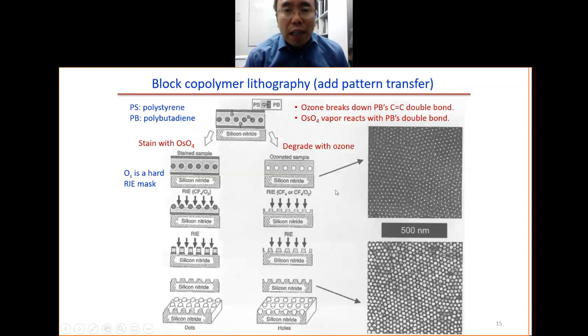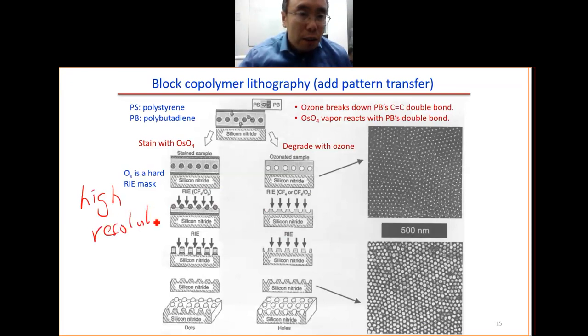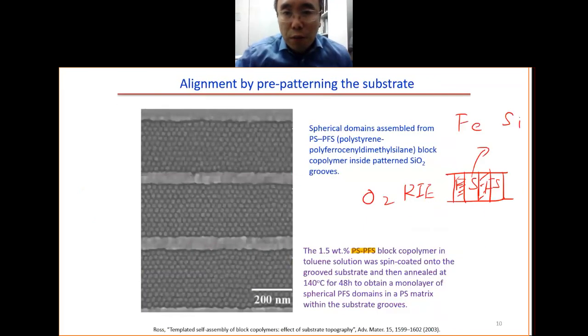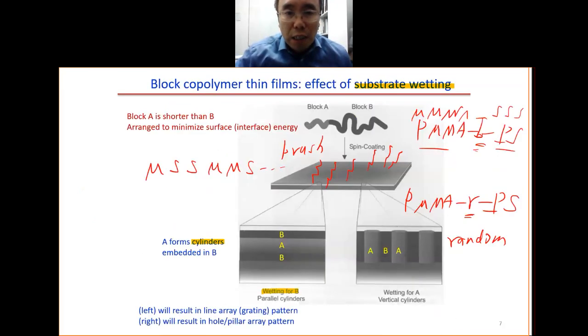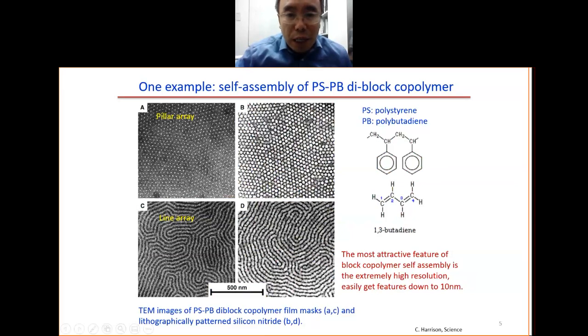So how to get higher resolution? How to increase the resolution? So we come back to this slide again. Here we have the pattern, 10 nanometer.